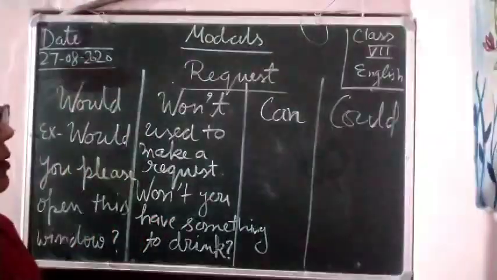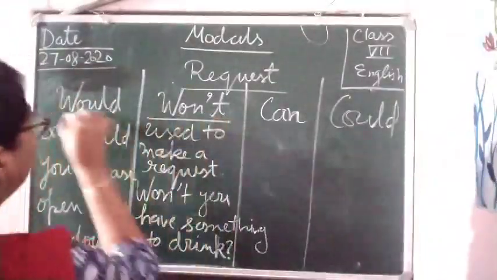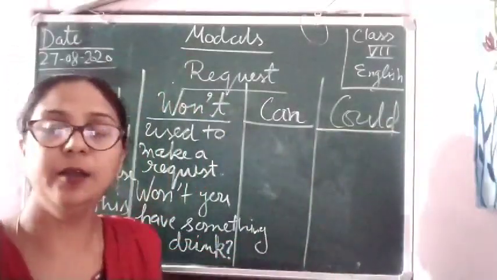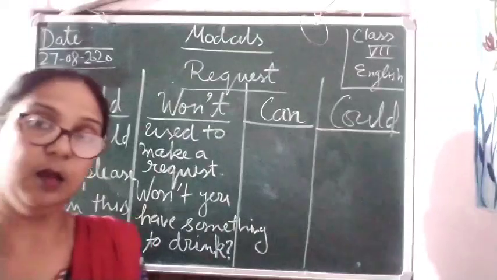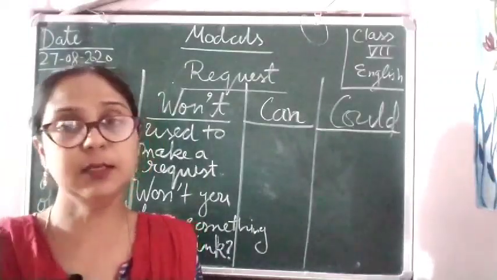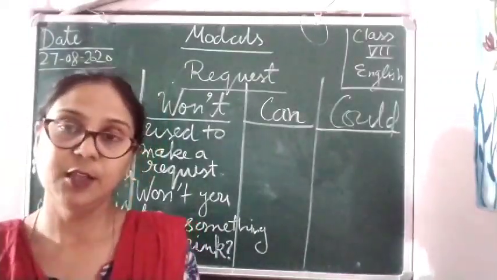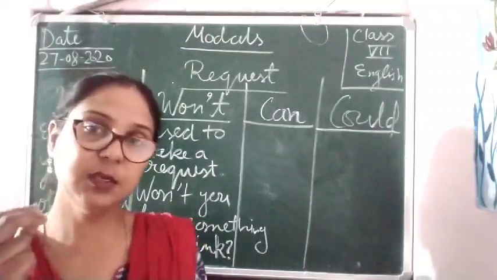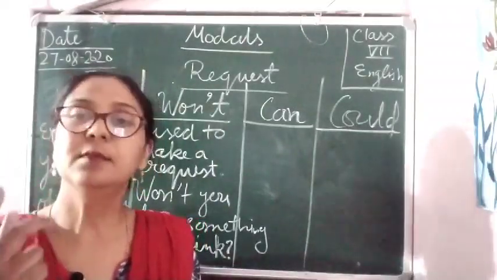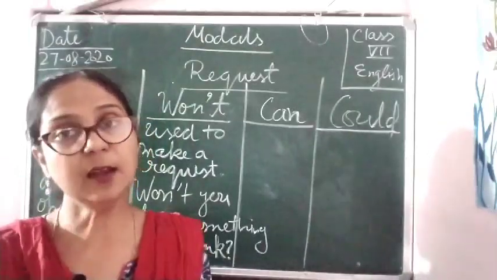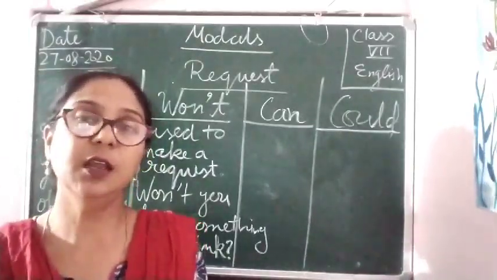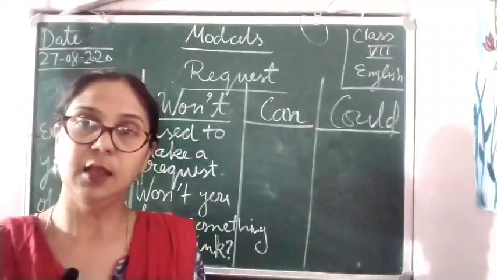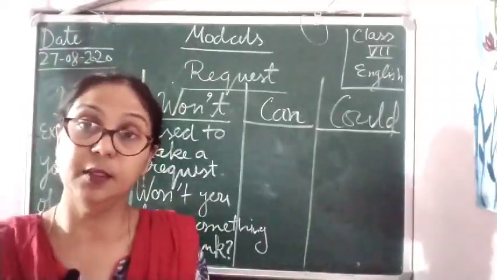Now we are going to talk about can. Can, as you all know, we use in our daily conversation. We cannot use this in a formal way. Whenever we are using can for requesting, you just learn this, because can is always used in an informal way. You are requesting, can you give me this pen? Can you help them?